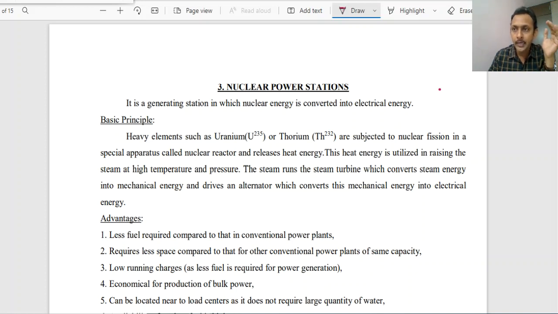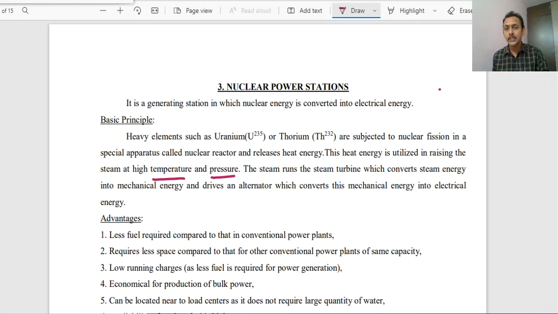Now, this heat energy will be subjected to the heat exchanger, where this heat will be absorbed by the water and the water will be converted into steam, and that steam will be at high pressure and high temperature.